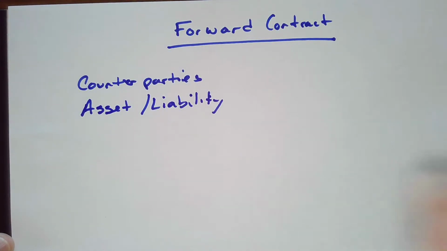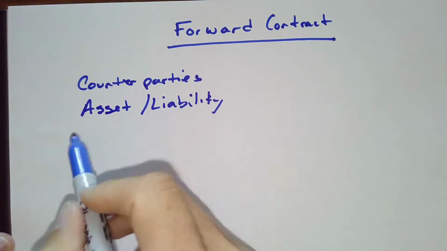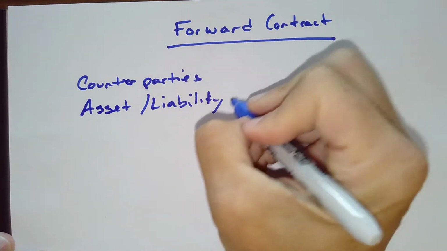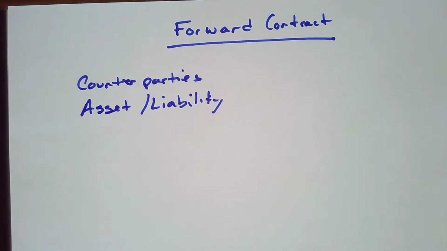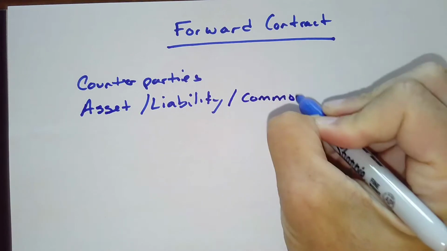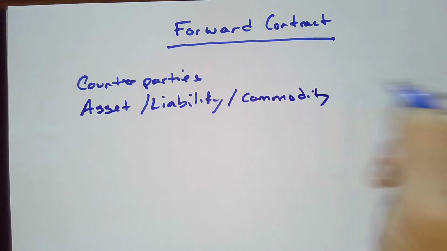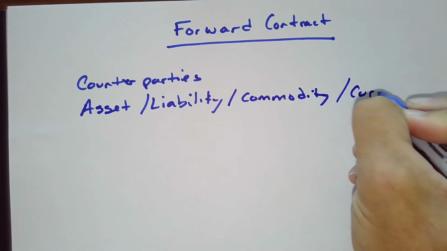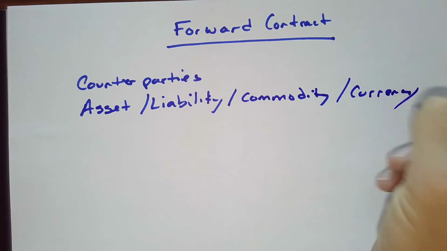What is it that we're going to execute sometime in the future? So what is the asset, liability, the commodity, the currency, whatever is the basis of the contract? Okay? We have to know what that is.